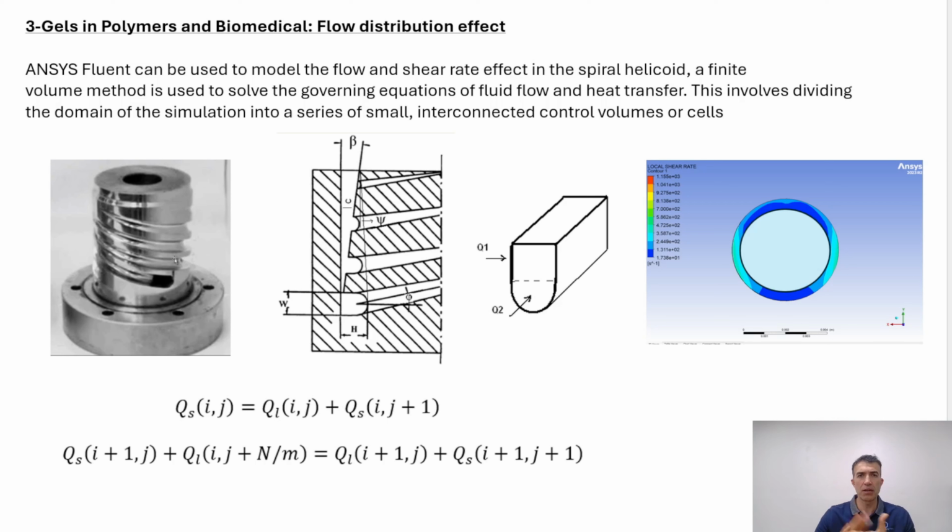So you can get different contours from your modeling. You can get the contour of the shear rate, and the contour of the velocity at any planar angle, and it would tell you in that plane how the shear rate or velocity is distributed. Basically, it tells you whether the design you have, in terms of your diameter, your angles, and the number of the grooves, is a good design or not.